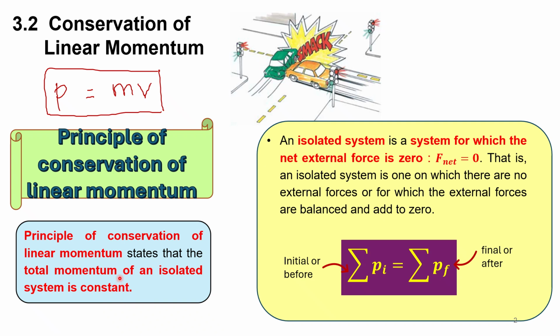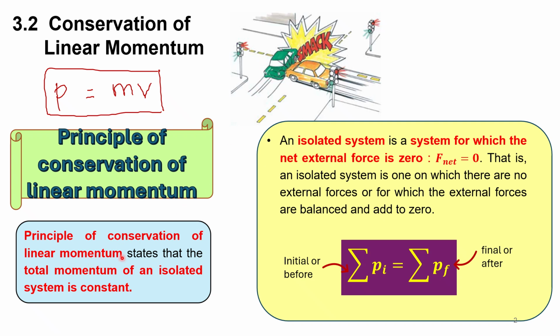Total momentum. As you can see here, we have two cars, orange and green. Both initially, for this case, have their own initial momentum before the collision. After their collision, the momentum is still the same.